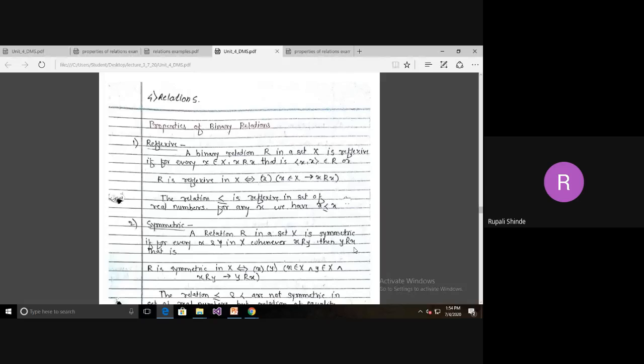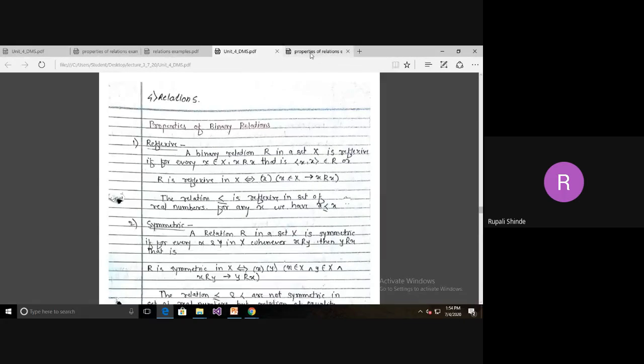Whether y, x is there in relation R. If it is so, then we are going to say that this relation is satisfying symmetric property. Just like if 1, 2 is there in relation, then 2, 1 must be there in relation. Then only we can say that this given relation is a symmetric relation.